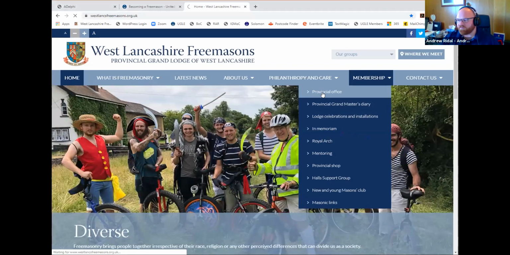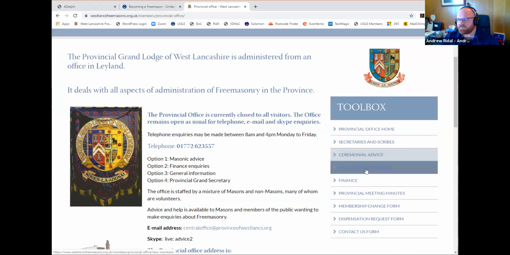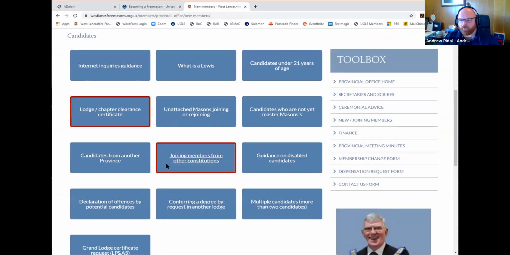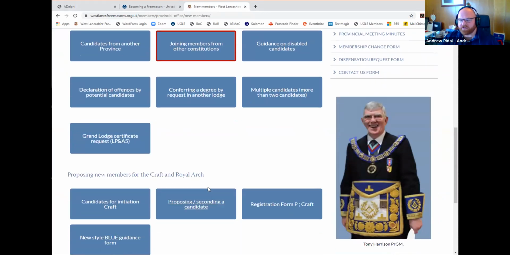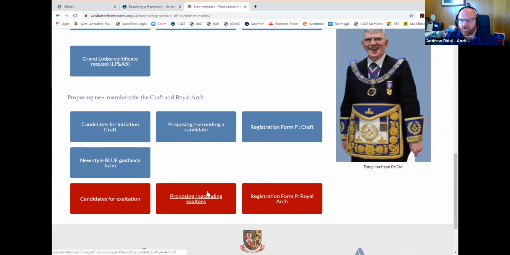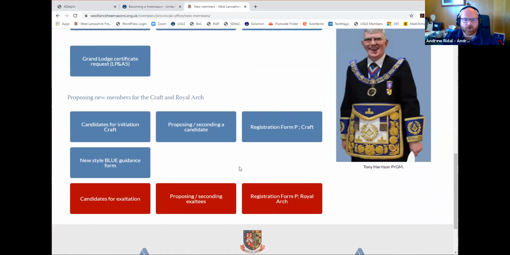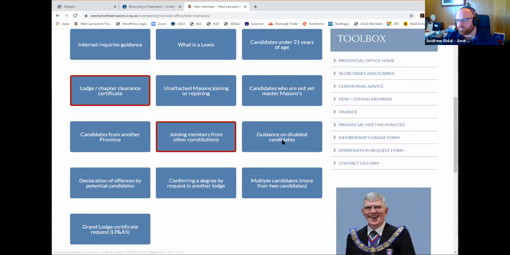If you go into provincial office, there's a section for new and joining members, and that has all the forms and information regarding new and joining members on here. So that's the secretary's resource area. You can even download the new forms here.